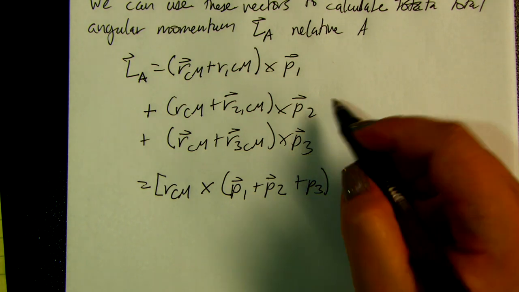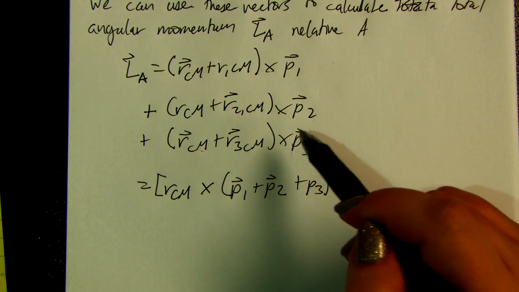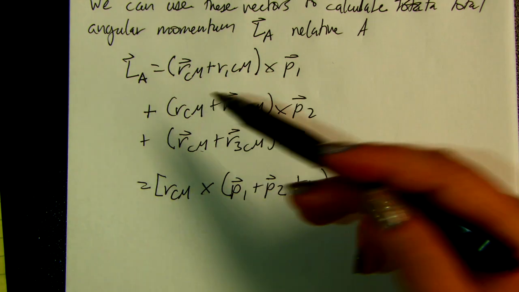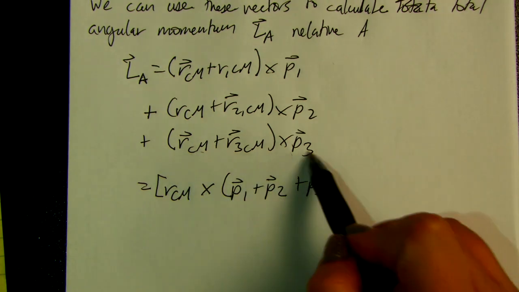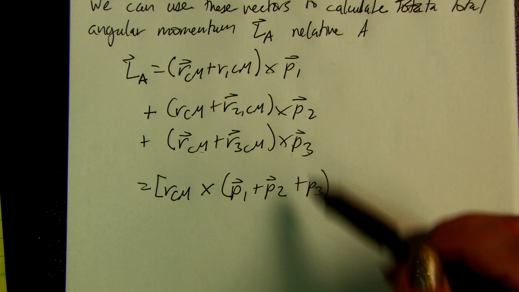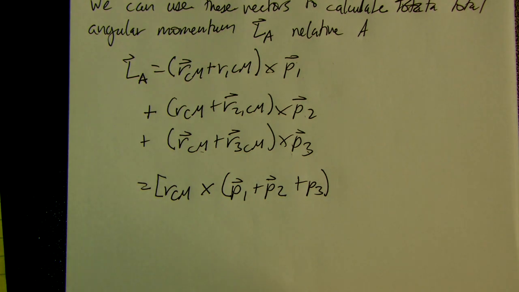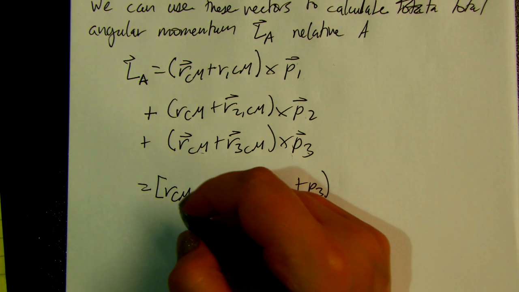So all we've done here is we factored out this RCM component, which is common to each one of these. And we see that it's going to be crossed with each one of these momentum vectors. And then we're not done with this equation yet.